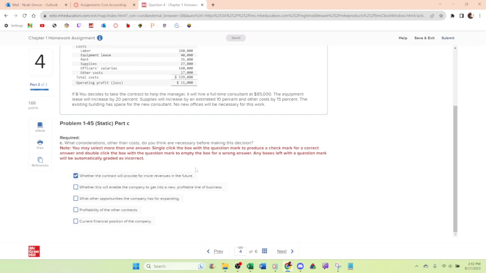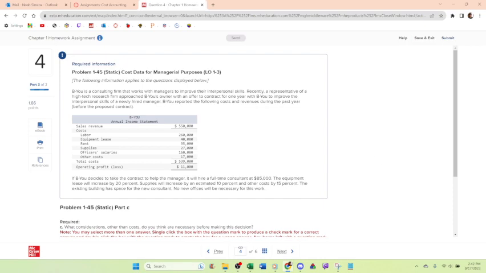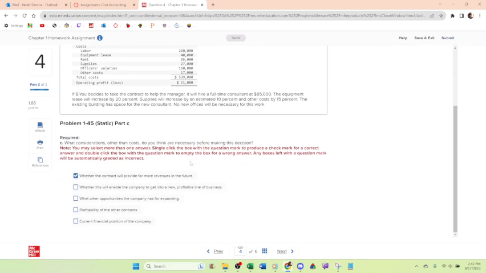Whether this will enable the company to get into a new profitable line of business. I mean, it's the same line of business that they've been doing already. It's not a new line of business, so that's not a consideration.